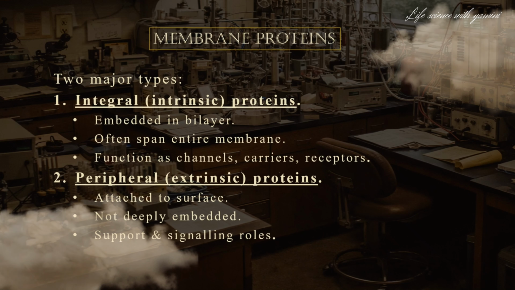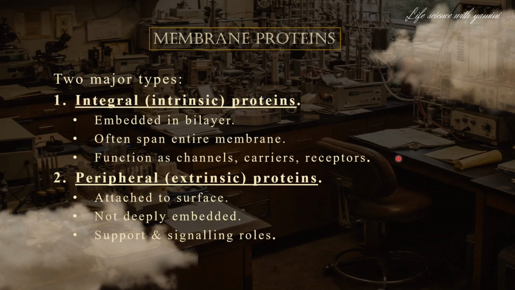Membrane proteins. There are two major types. One is integral protein, which is intrinsic, and another is peripheral protein, which is extrinsic. Integral proteins are embedded in the bilayer, often span the entire membrane, and function as channels, carriers, and receptors. Peripheral extrinsic proteins are attached to the surface, not deeply embedded, and have supporting and signaling roles.